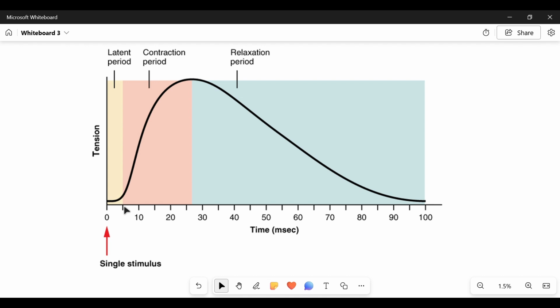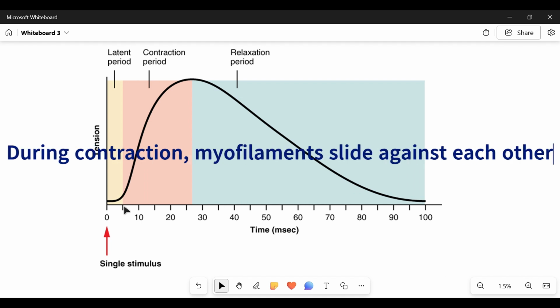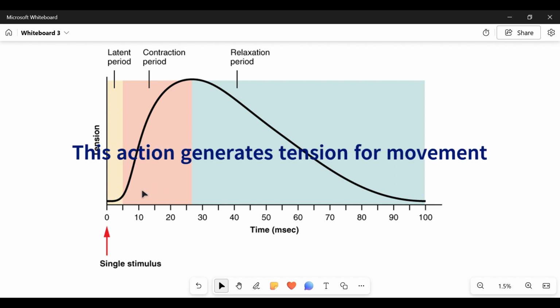Then the next phase is the contraction period. During the contraction period, that is when the muscle now begins to build tension. In building tension, the calcium ion will have to bind to troponin C, causing the unwinding of tropomyosin, exposing the active binding site on the actin. When this happens, it will cause the myosin head to bind.